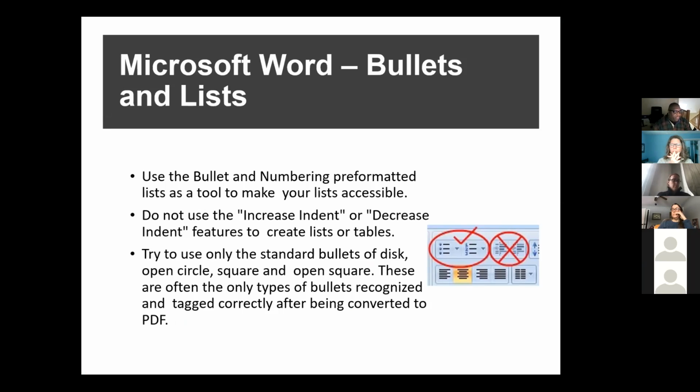So definitely a best practice to use your bullet list. Do not use increase indent or decrease indent features to create lists or tables. Try to only use bullet lists of this: open circles, squares, open squares. These are often the only types of bullets recognized and properly tagged. So for example, try not to use lists identified as using icons as bullets, if that makes sense.